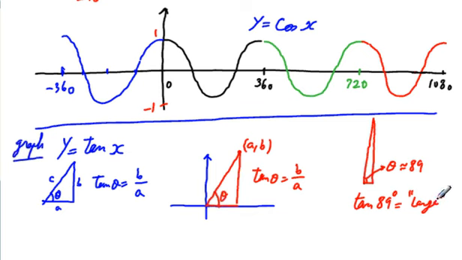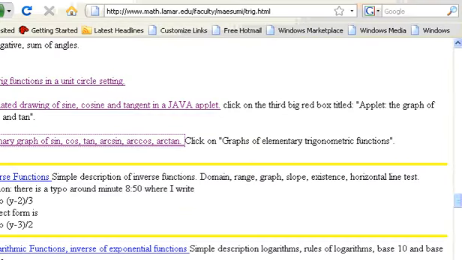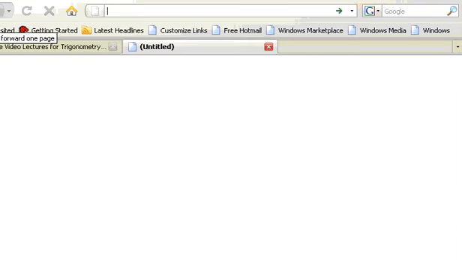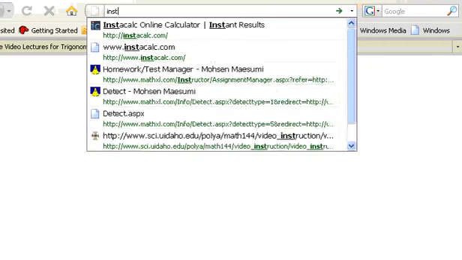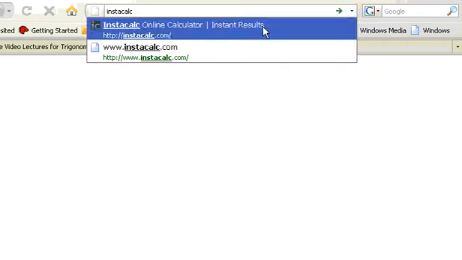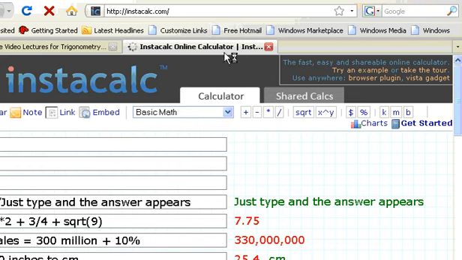Or large. Just a large number. Like you can use your calculator to figure out the tangent of. Let's go play with it if you wish. We can go ahead and just plug in some. Okay, here's our calculator.